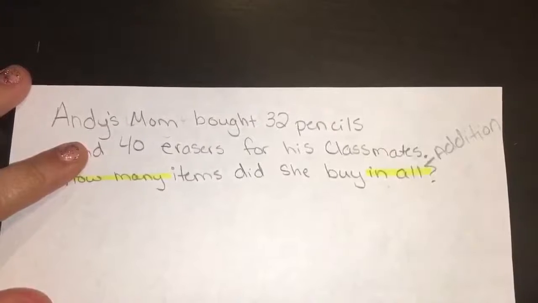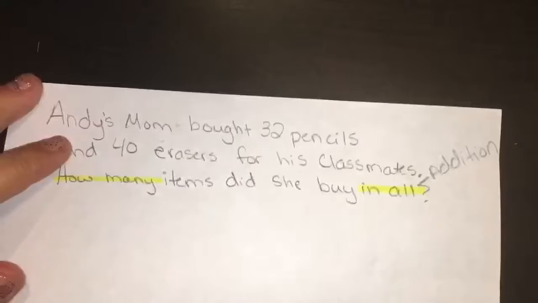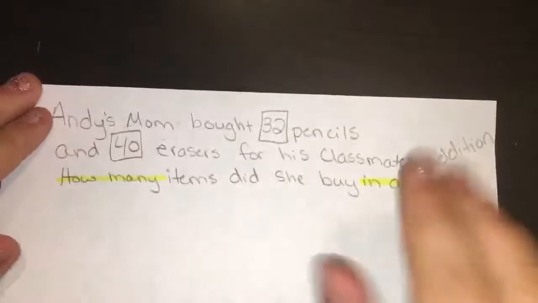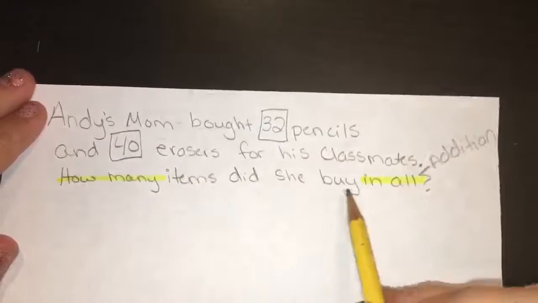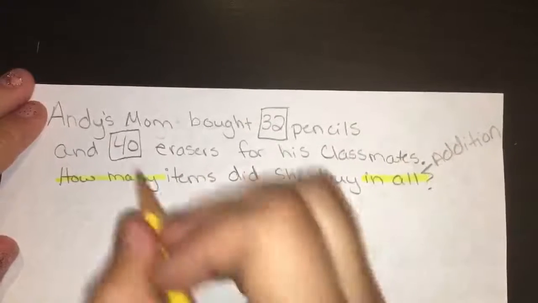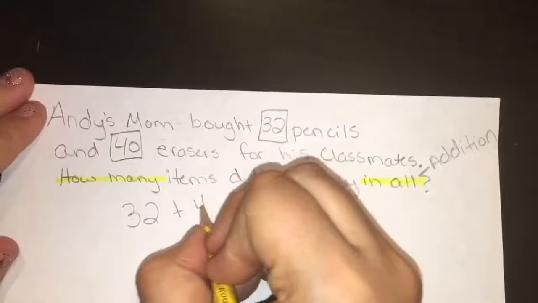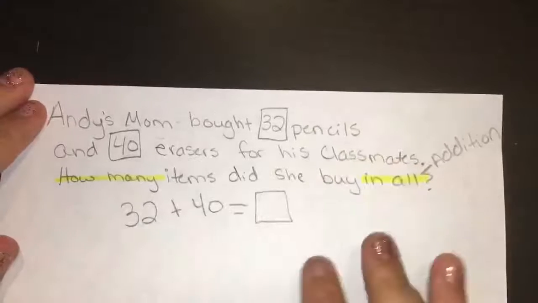My next step is going to be to box my numbers so that I can see them very well. So I know I have 32 and 40. How many in all means addition. So I'm going to write my number sentence just like this.